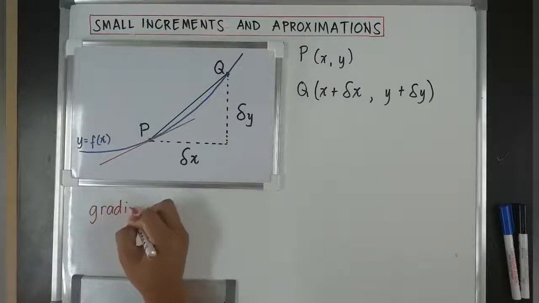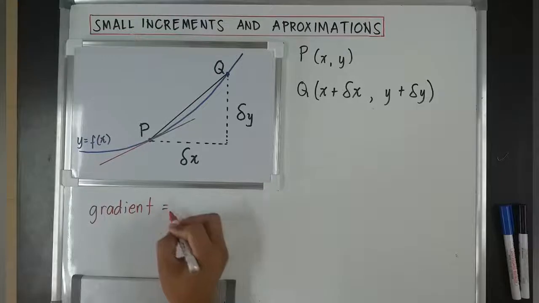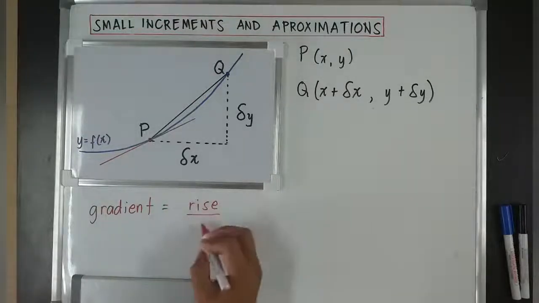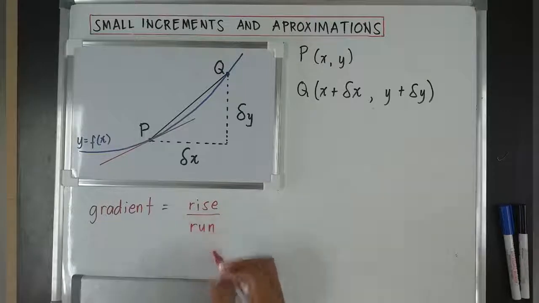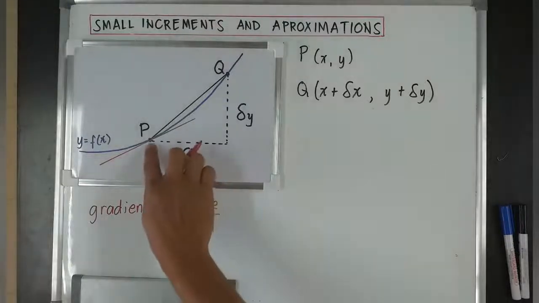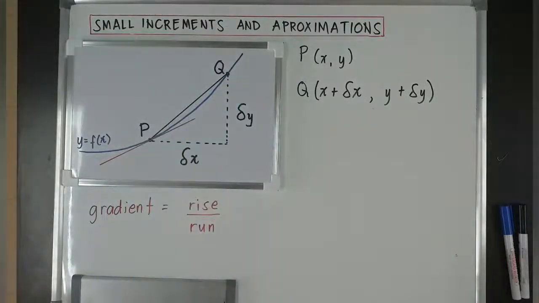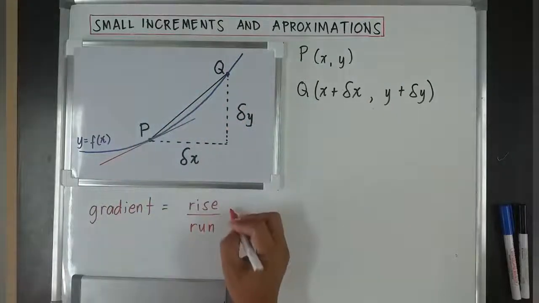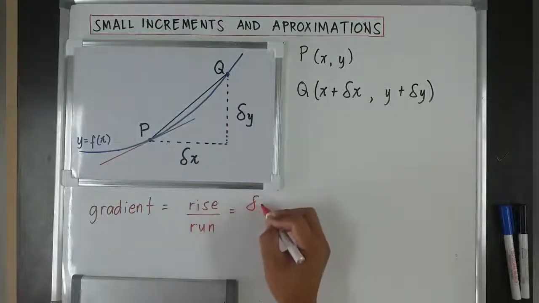Let's recall about gradient first. Gradient is always defined as rise over run. What is rise over run? Basically, from point P to point Q, your rise is the small increment of y.